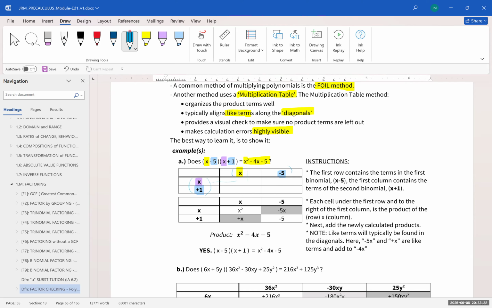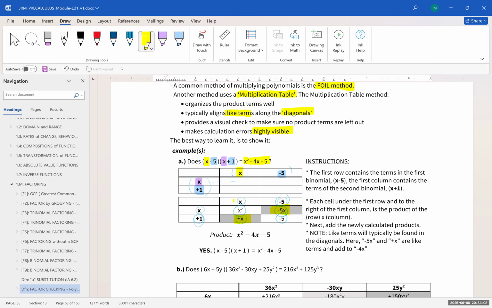So x times x is x squared. x times negative 5 is negative 5x. Positive 1 times x is positive x, and positive 1 times negative 5 is negative 5. And what's nice about this is that notice across the diagonal here, you've got your like terms.